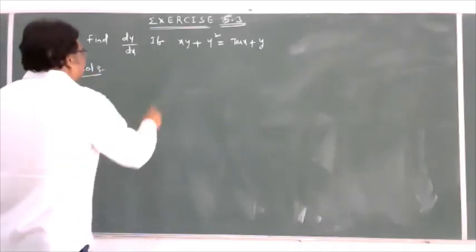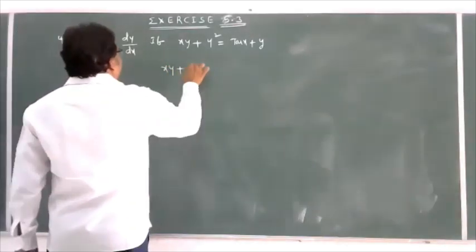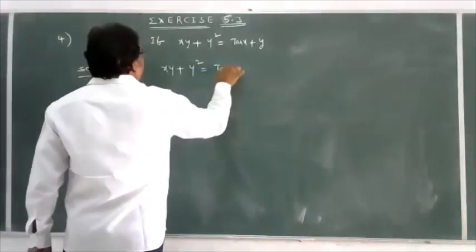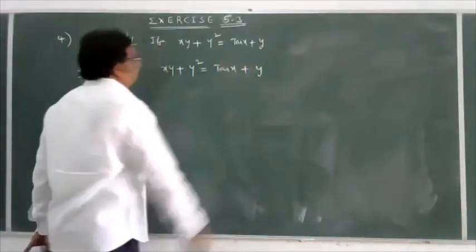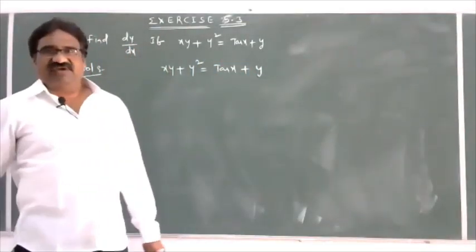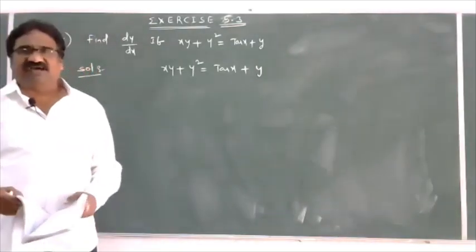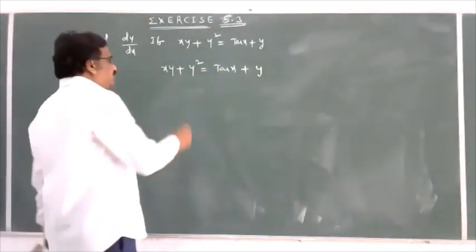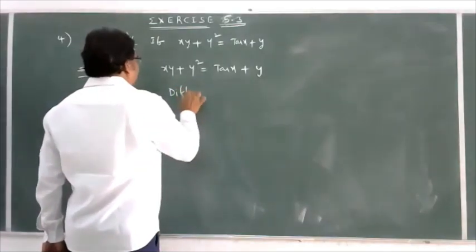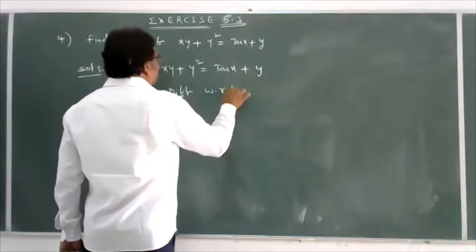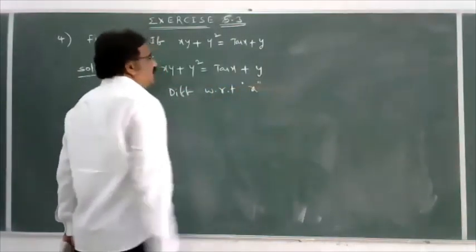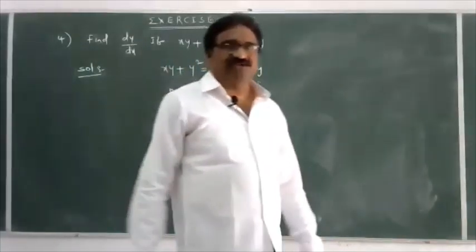Given xy plus y square is equal to tan x plus y. Differentiating with respect to x.